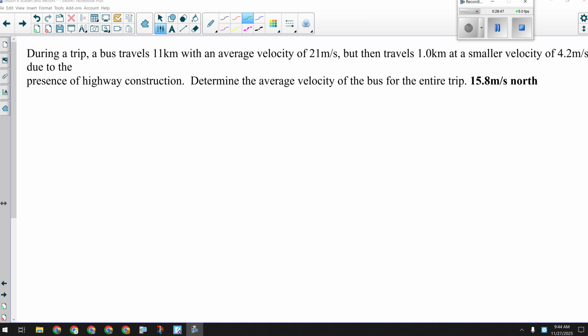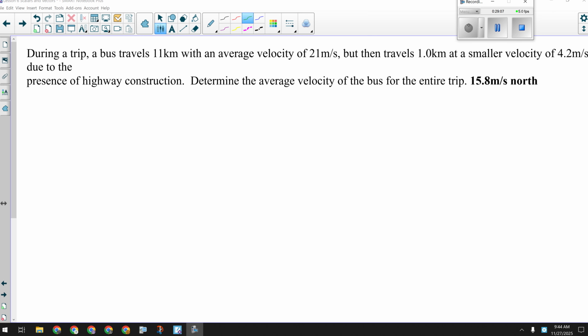Nothing that will affect your math, but what's wrong with the question? Exactly. This should say speed. Everywhere it says velocity in this question, it should say speed, because it doesn't give you a direction on any of them.